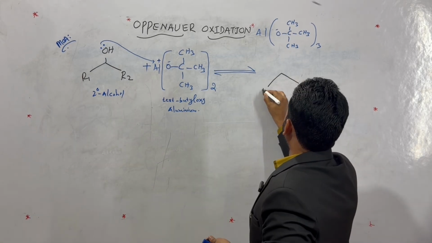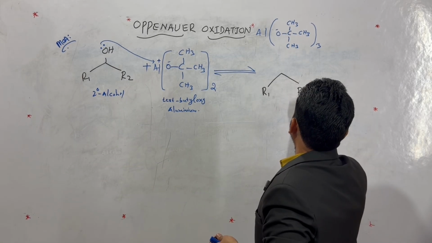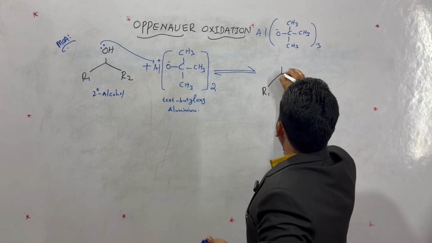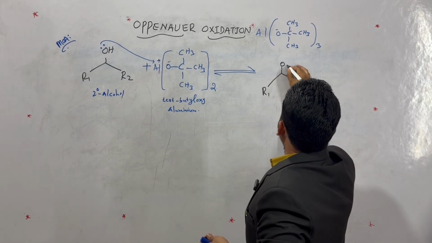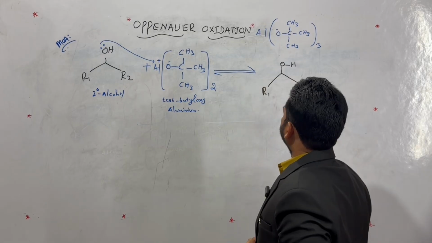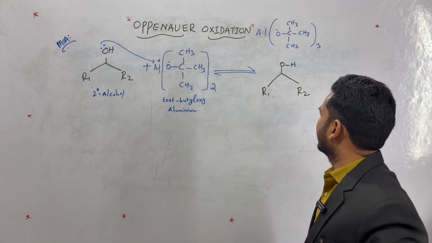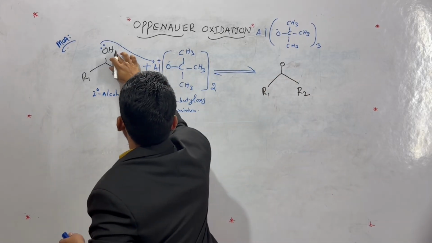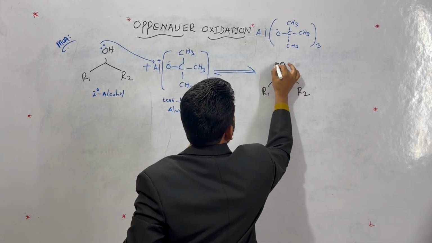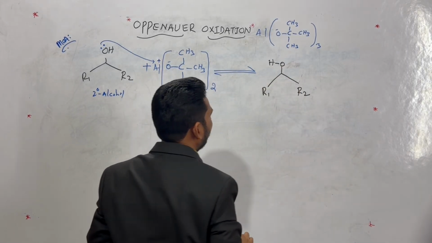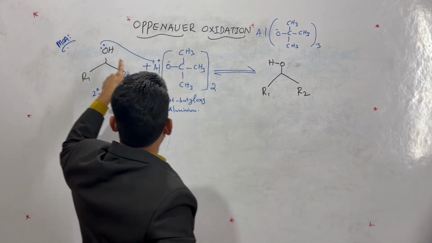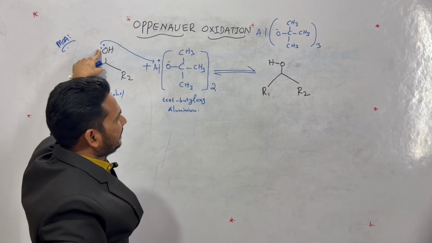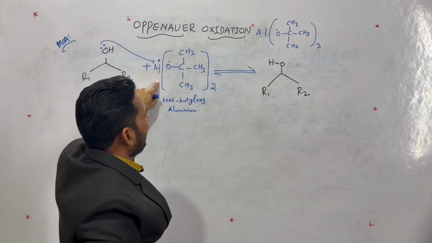Now R1, R2. Here you can see hydrogen is there. Otherwise I can write this hydrogen on this side. Here the extra pair of electrons I told you about, on the oxygen, will be joined with this catalyst.